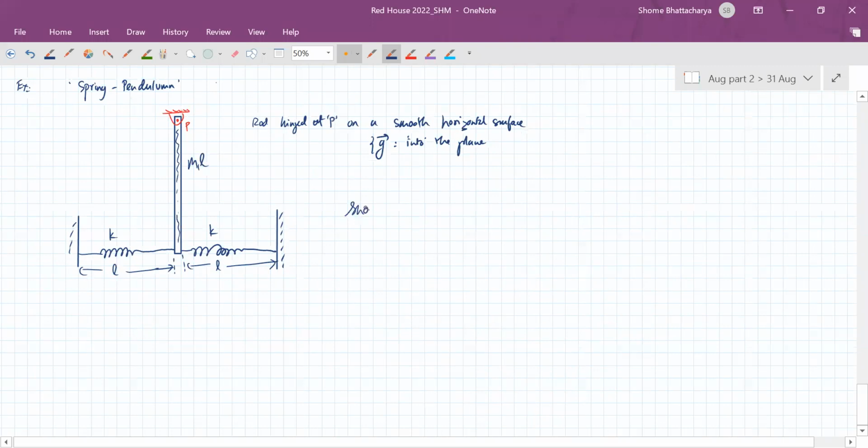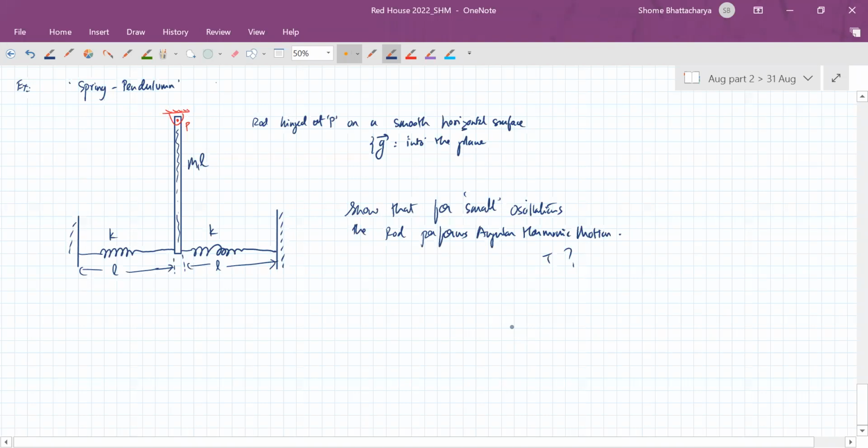So show that for small oscillations, the rod performs angular harmonic motion, and find the time period. So just quickly take down the diagram if you like, then we'll discuss.